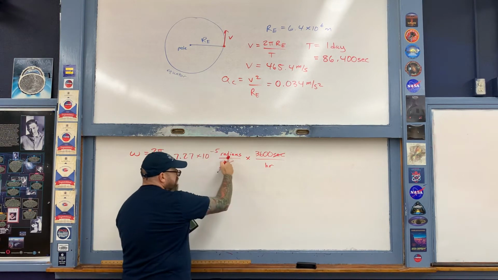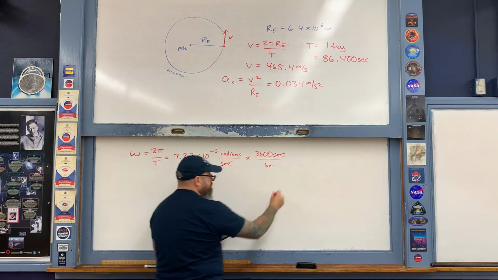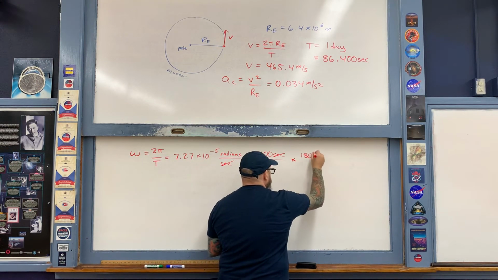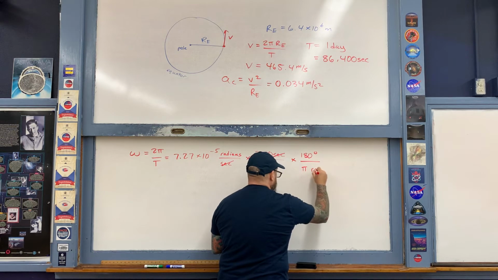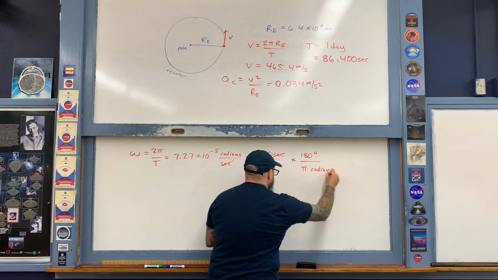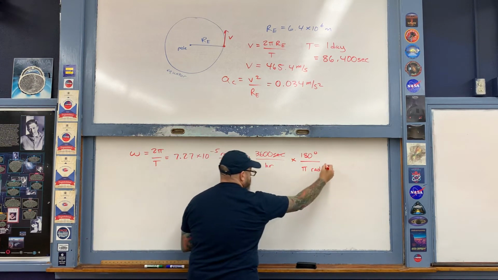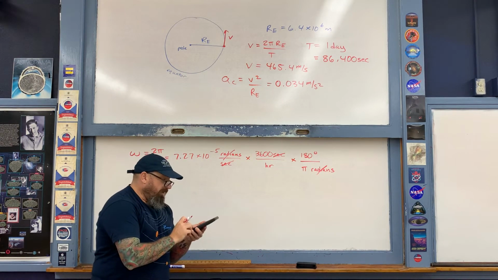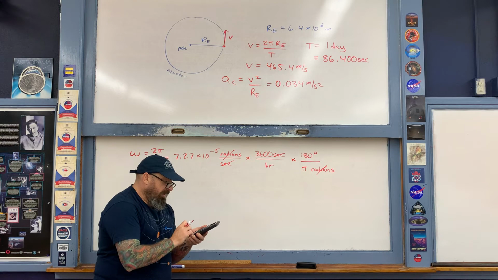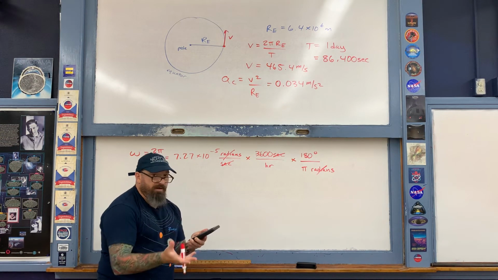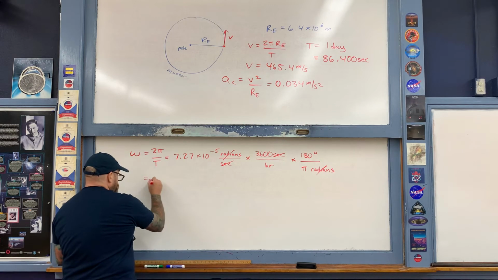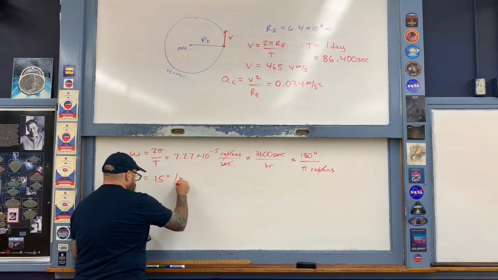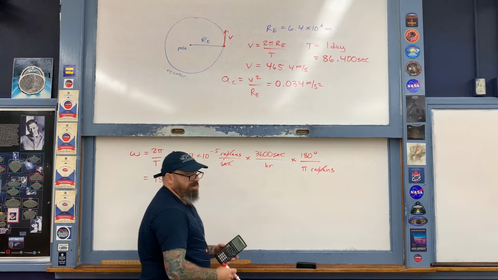And then let's go ahead and convert the radians to degrees by multiplying by 180 degrees per pi radians. Like so. And the radians cancel. And then we'll end up with degrees per hour. So I multiply by 3,600, and then multiply by 180 divided by pi. And then therefore I end up with the Earth's angular speed as being equal to 15 degrees per hour.